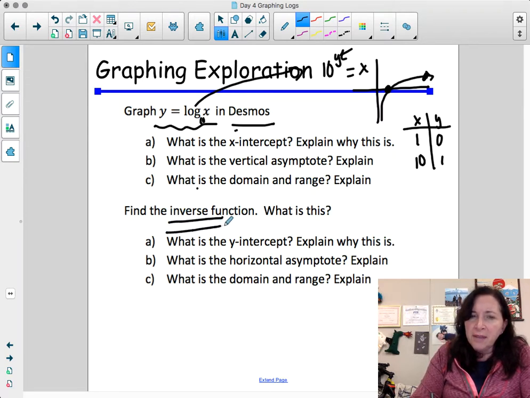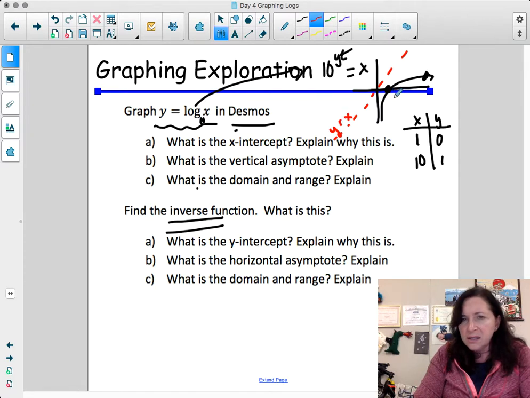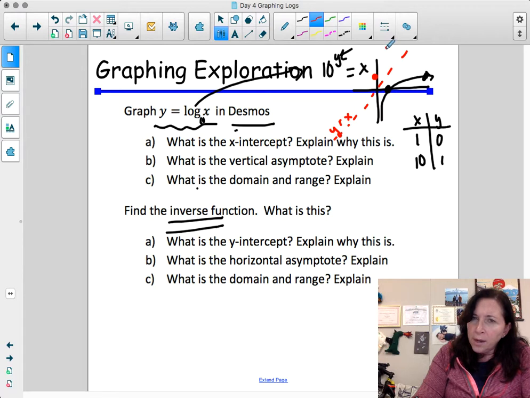In order to find the inverse function for this graph, I would remember, you can always find the inverse by reflecting your graph across the y equals x axis. And so instead of this being 1, 0, the inverse would be 0, 1. And the inverse of 10, 1 is 1, 10.